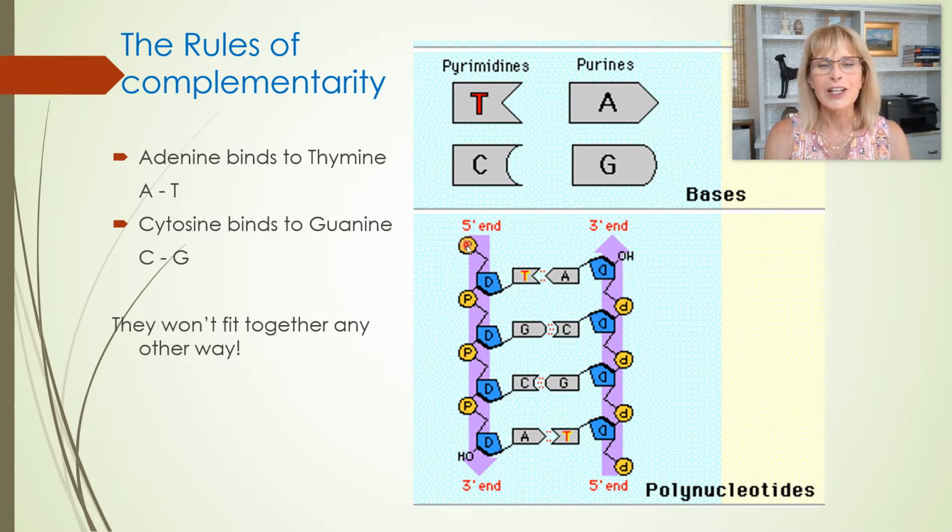Let's do it on this side. This phosphate to this deoxyribose to that phosphate to that deoxyribose. All of this that's holding the backbone together, phosphate sugar, that's all held together by covalent bonds, okay? As a matter of fact, it's covalent bonds that hold the thymine onto the deoxyribose or the adenine onto the deoxyribose. But what is holding these two strands together?